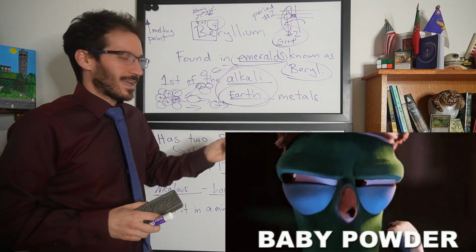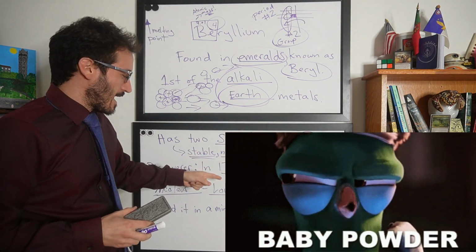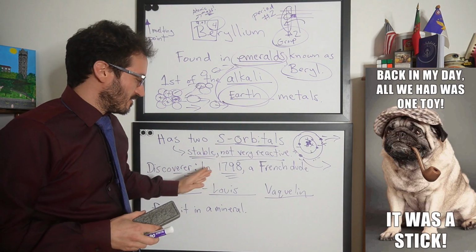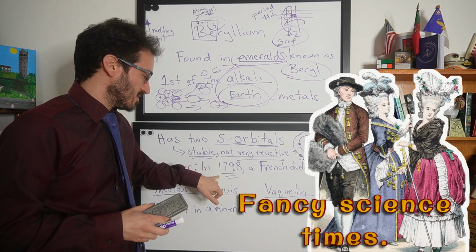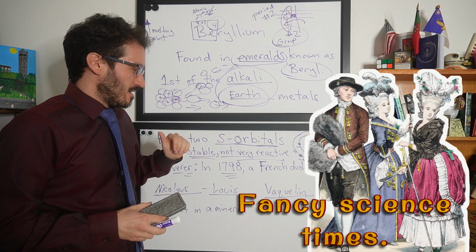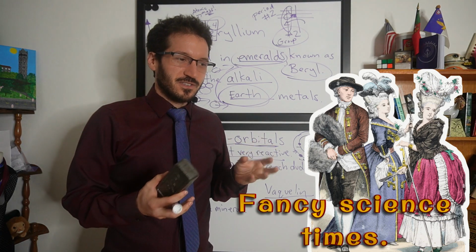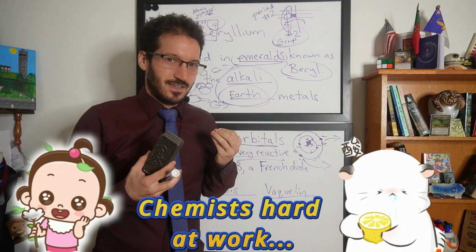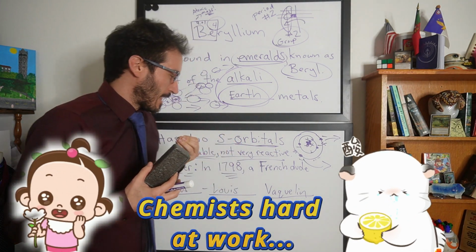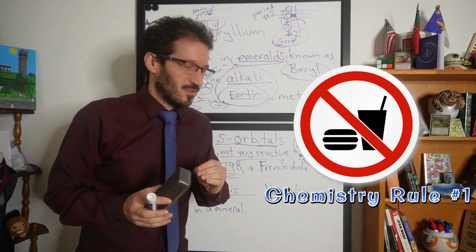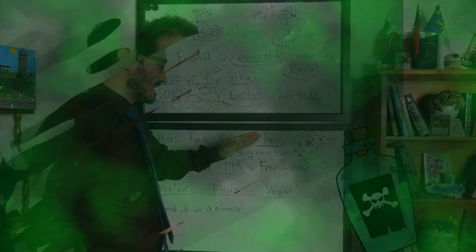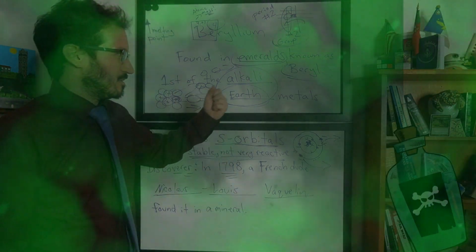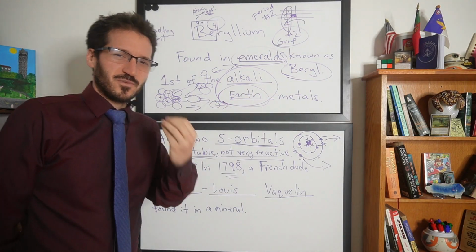But way back in 1798, right at the turn of the 19th century, in the late 18th century, nearly 1800, chemists would actually smell and taste some of these elements. We shouldn't really be doing that anymore because, as it turns out, beryllium is toxic. He tasted this element and noticed it was really sweet.